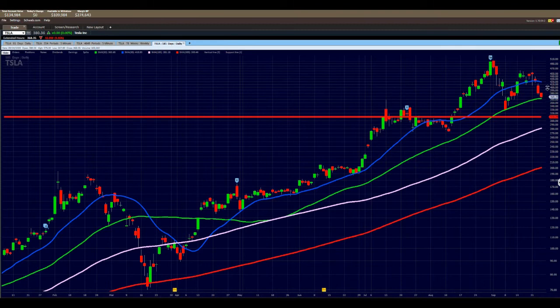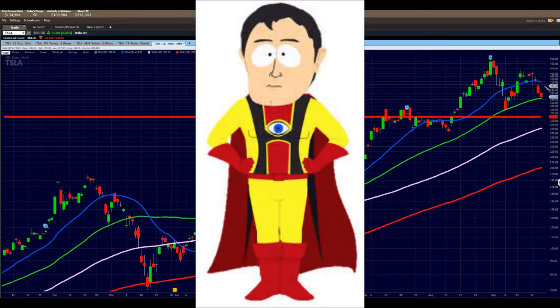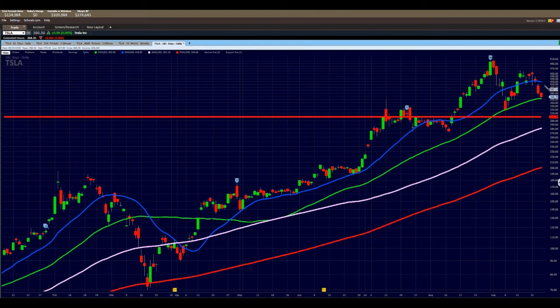I might just sit on the sidelines and not try to play hero here, because this is a tough spot to trade. As a trader, I understand this is tough. I don't have any clear direction of what we're going to do. If I jump in and think it's going to bounce and then it decides not to, and it goes straight through the 50 or just pierces the 50 and rejects, then I'm kind of stuck.